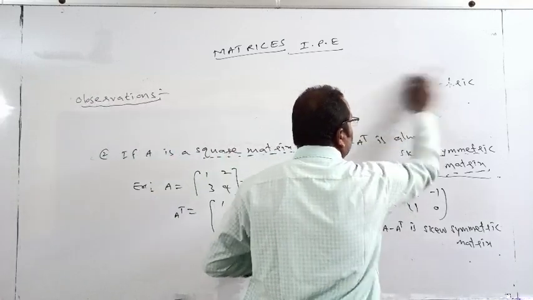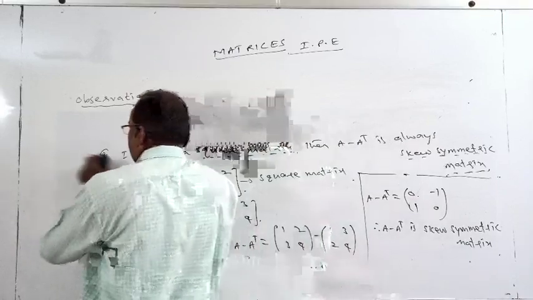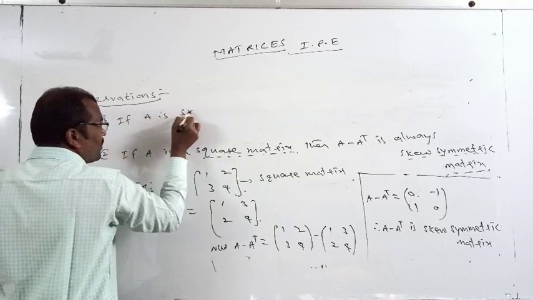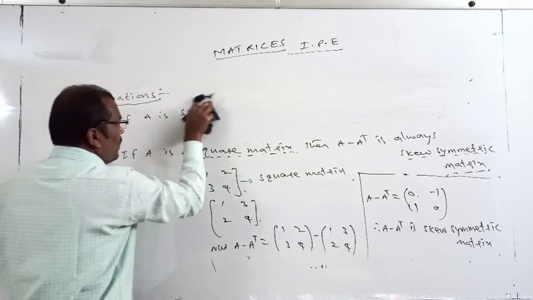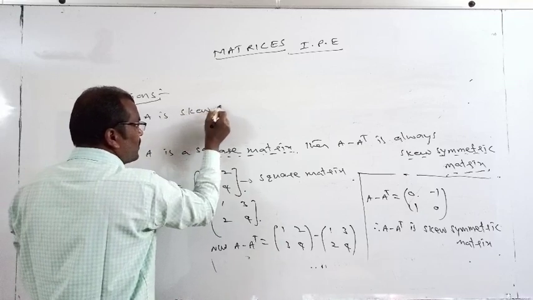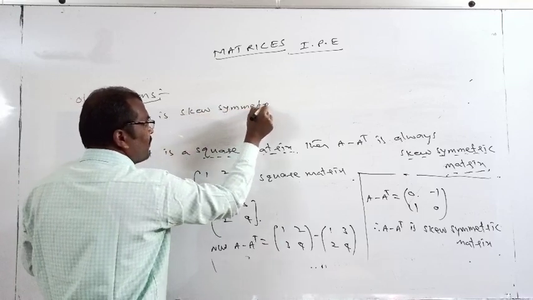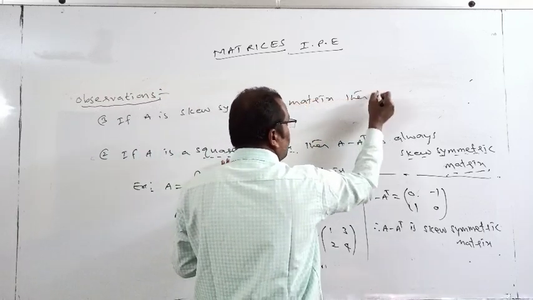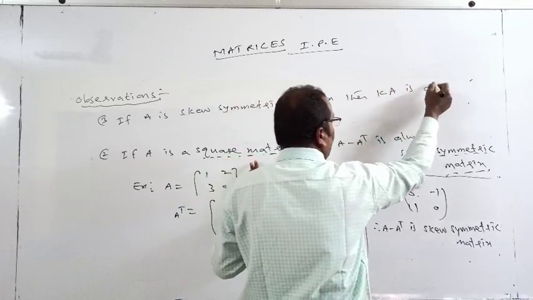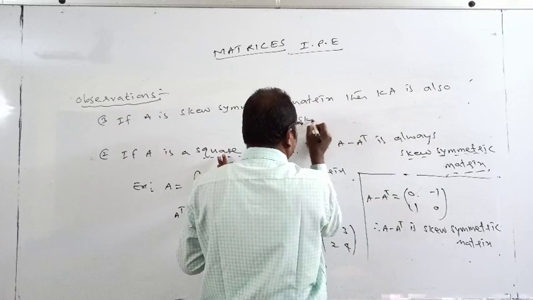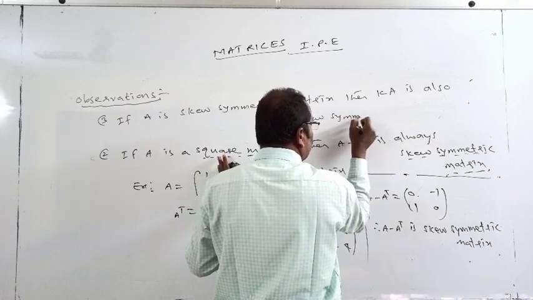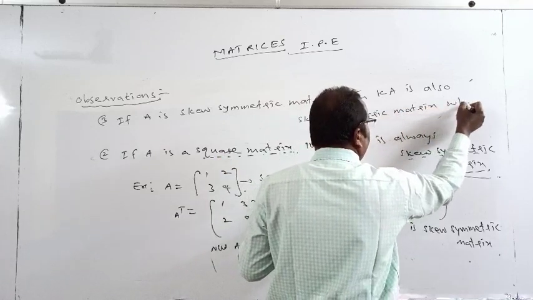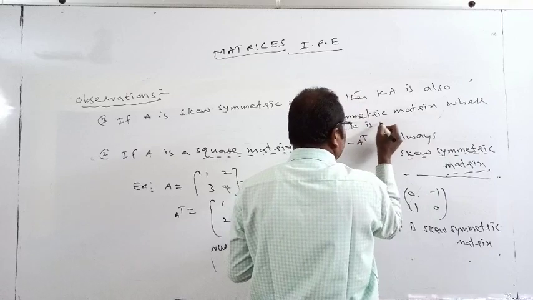Third observation. If A is a skew symmetric matrix, given it is a skew symmetric matrix, then K into A is also a skew symmetric matrix, where K is a scalar.